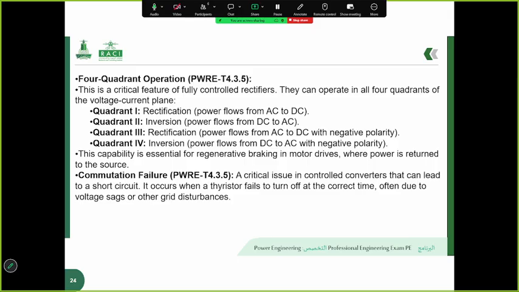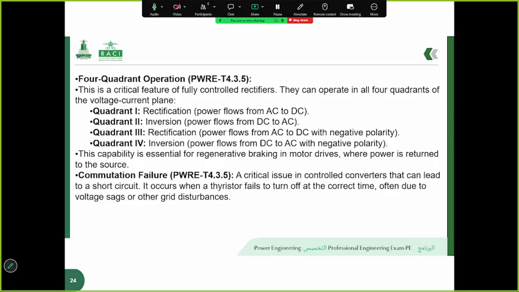Quadrants 3 and 4 represent similar operations but with negative voltage polarity, enabling reverse direction operation. This flexibility is especially important in motor drive applications where regenerative braking allows the motor to return energy back to the electrical supply during deceleration, improving system efficiency and energy conservation.